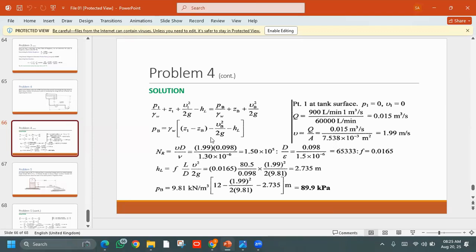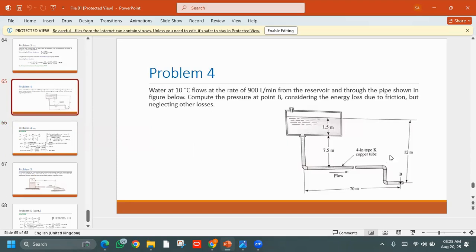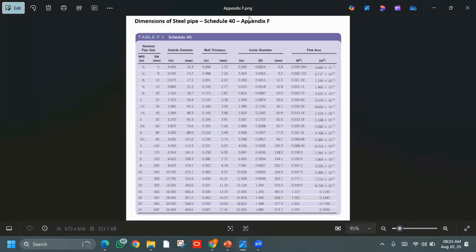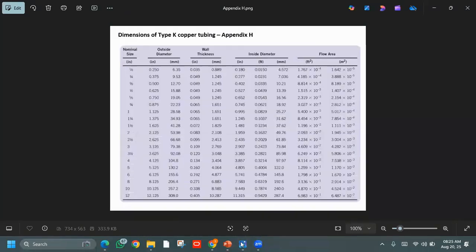The Reynolds number value can be calculated by multiplying the velocity, which is already calculated, and the diameter of the pipe, which is the 4-inch type K copper tube pipe. For that purpose, we have appendix F and appendix H. For copper tubing, copper piping, we have appendix H. So the diameter was 4 inches.